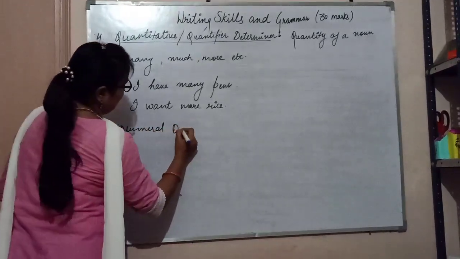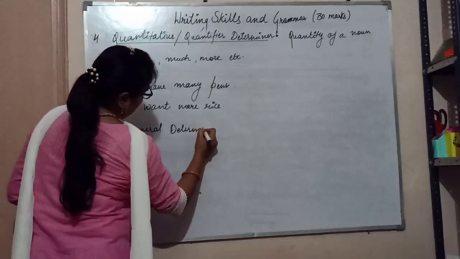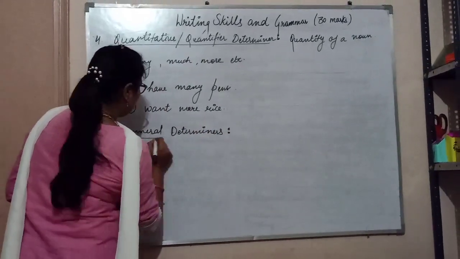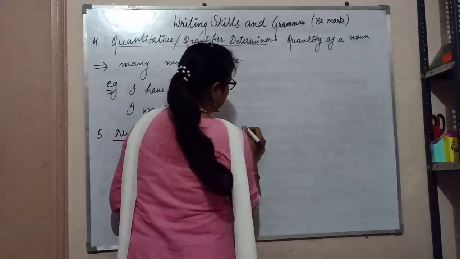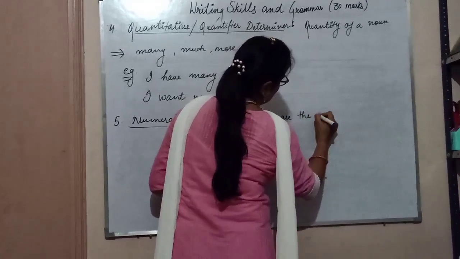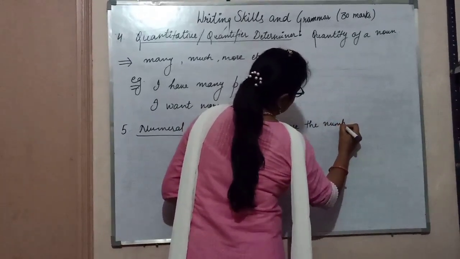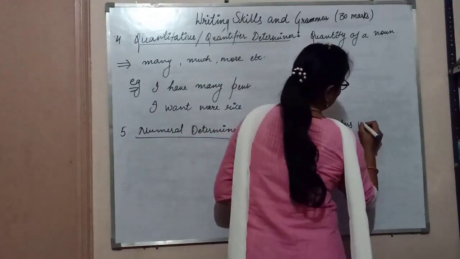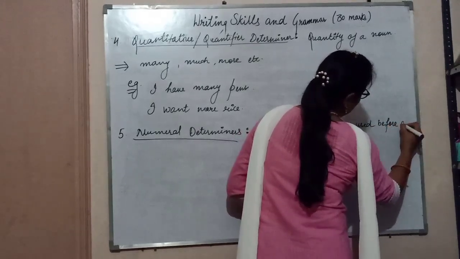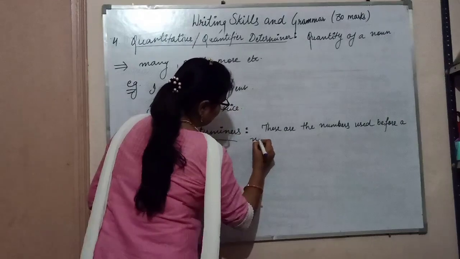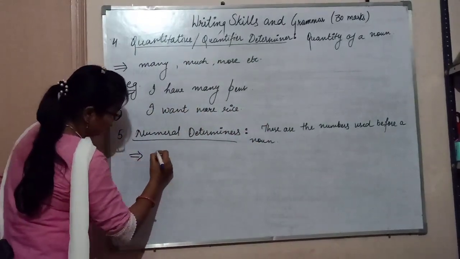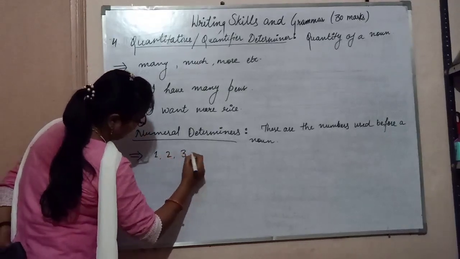Okay. Let me go on to the next and last but not the least, fifth: numeral determiners. What are these? These are the numbers used before a noun. Which are these? 1, 2, 3, 4.